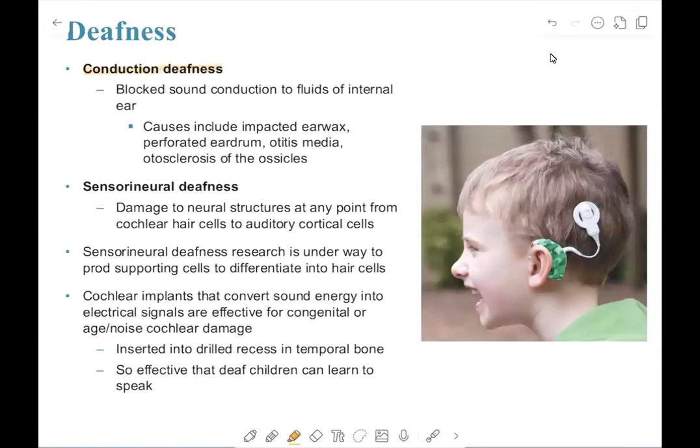It could be impacted by something as simple as impacted earwax, a perforated tympanic membrane, the eardrum, inflammation of the ossicles, so otosclerosis of the ossicles.